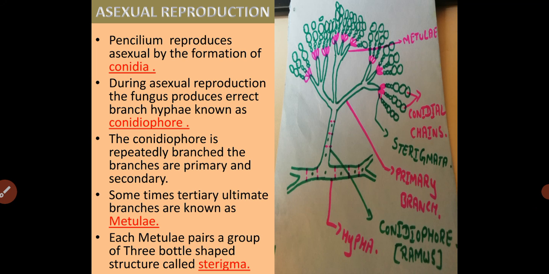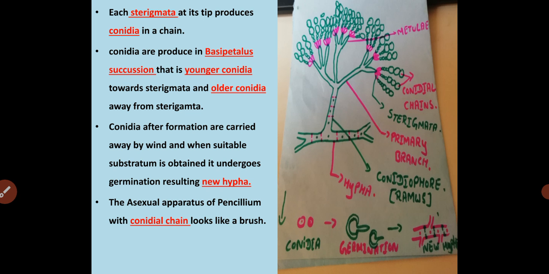During asexual reproduction, the fungus produces erect hyphae known as the conidiophore. This conidiophore shows repeated branching, primary and secondary. Sometimes tertiary branches are also produced, and these are called the metulae. The metulae bear three bottle-shaped structures on the tip called the sterigmata. These sterigmata at the tip produce spore-like structures called conidia in chains.